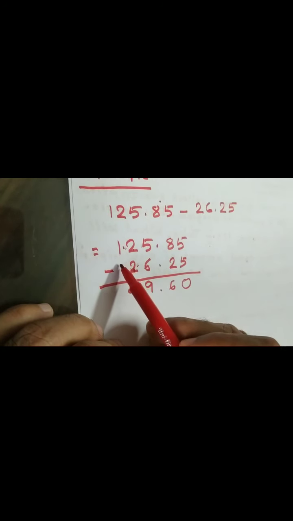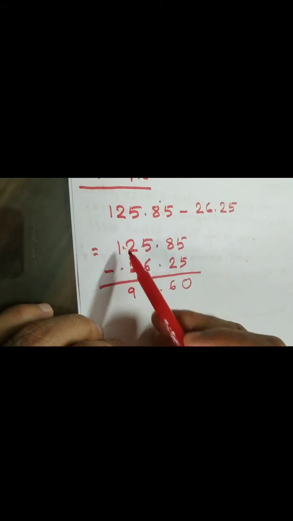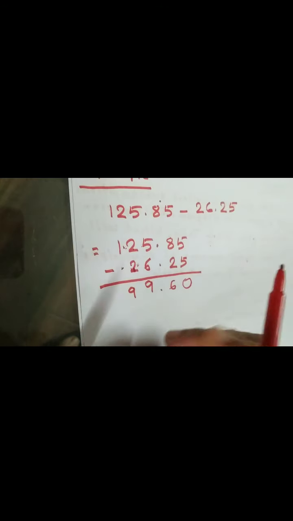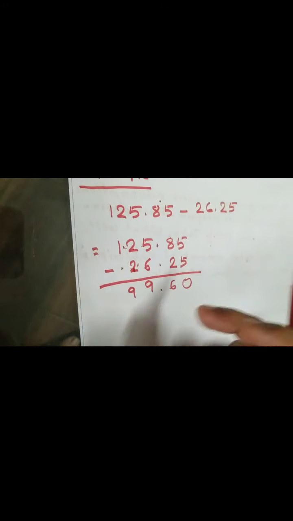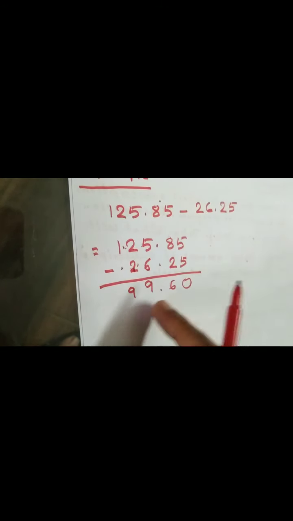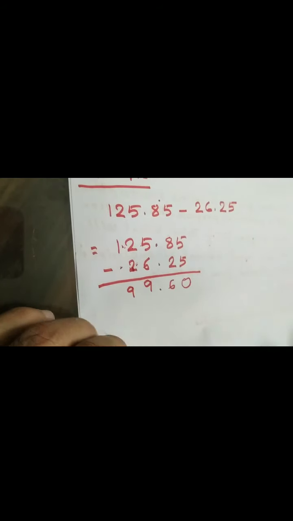Now on this spot there is no number, so I will assume that there is 0. After having added 1, what do I get? 1. 1 minus 1 gives me how much? 0. So there is no need to write that 0. So what is my answer? 99.60. Now let's look at some more examples.